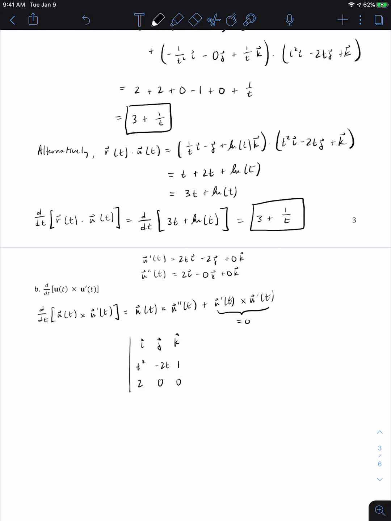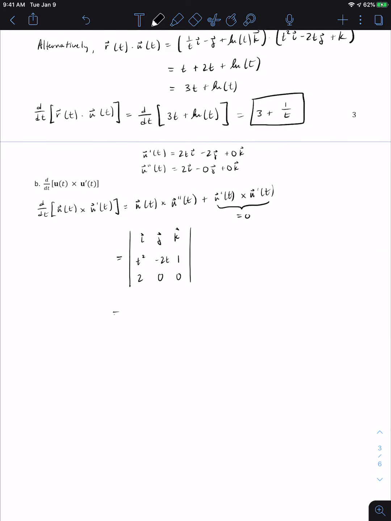There are a lot of zeros there, so this cross product will be relatively easy to do. So I get the determinant of negative 2t, 1, 0, 0 for i, minus t squared, 1, 2, 0 for j, plus t squared, negative 2t, 2, and 0 for k.